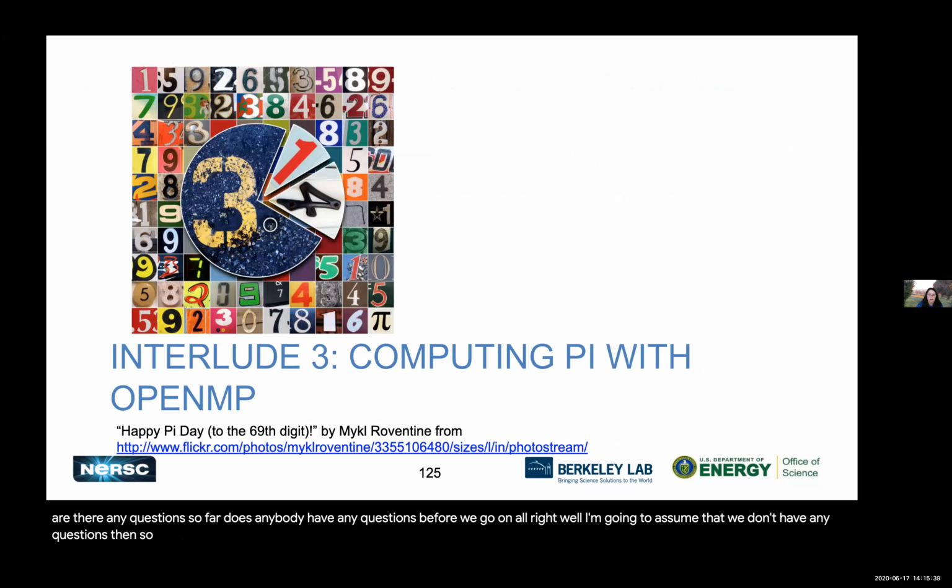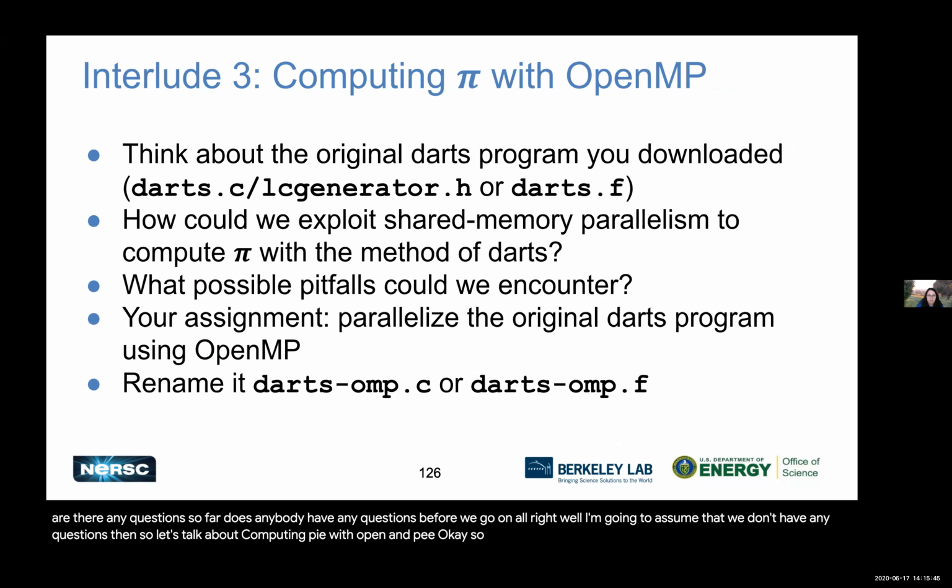So let's talk about computing pi with OpenMP. Let's think about our original darts program and how we could exploit shared memory parallelism to compute pi. What is the best kind of algorithm for shared memory parallelism?